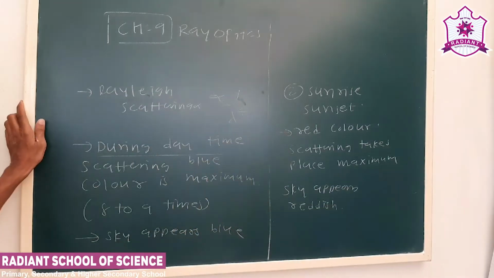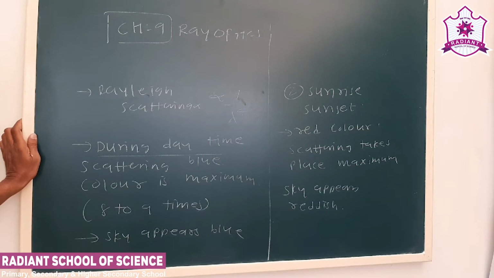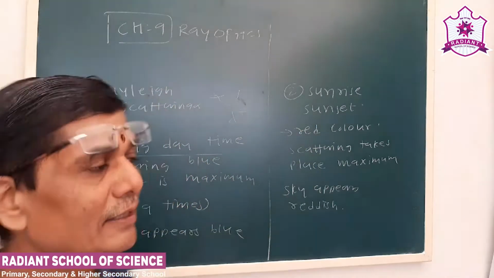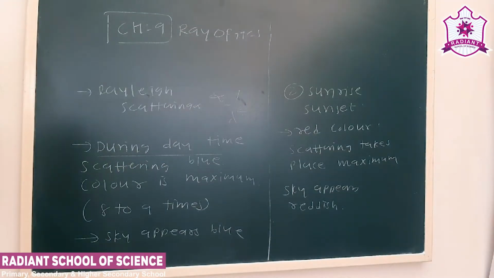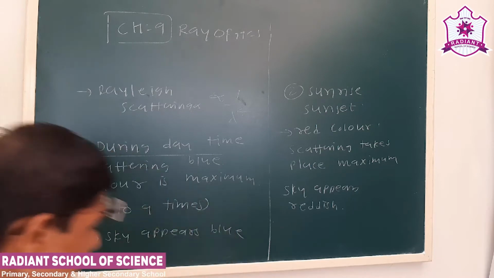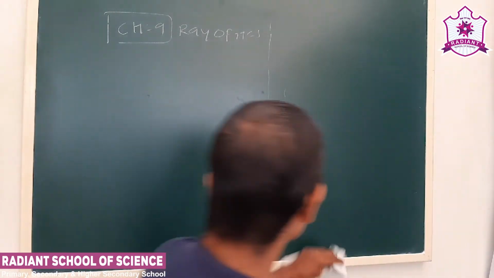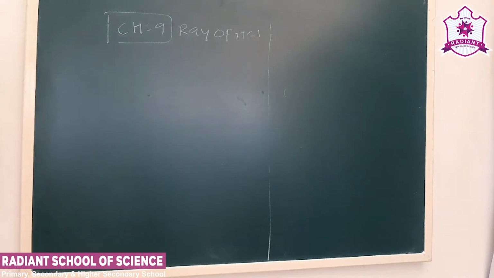So there are two important phenomena due to Rayleigh scattering. During the daytime, the blue color is scattered most, 8 to 9 times, so that's why the sky appears blue. And at the time of sunrise and sunset, the red color scattering takes place maximum, so the sky appears reddish. Now this is about Rayleigh scattering, in which the dimension is very small compared to the wavelength.